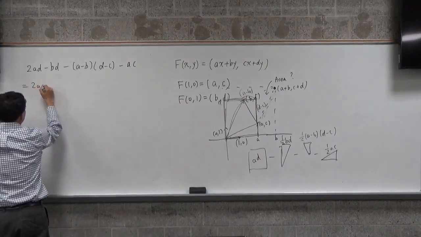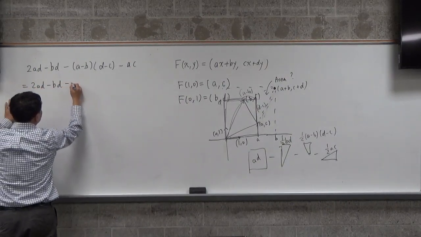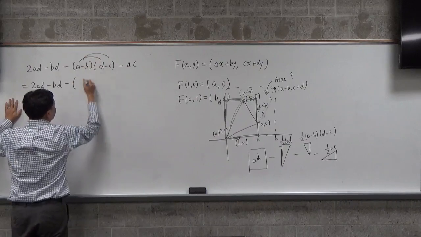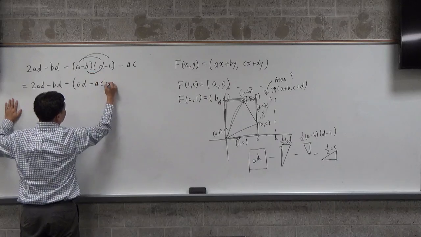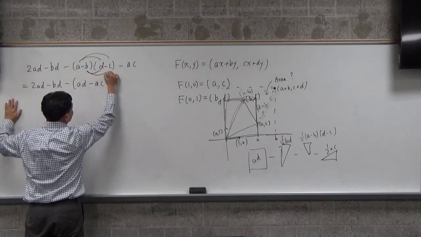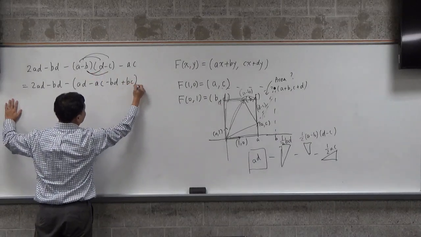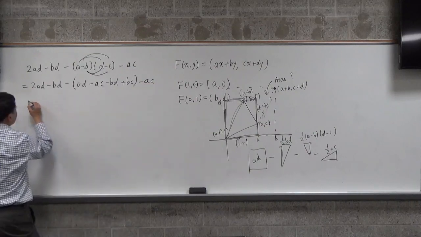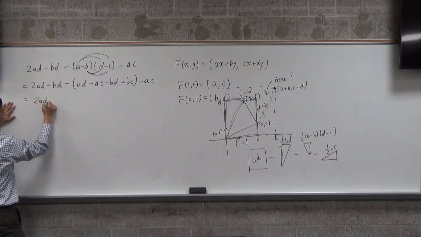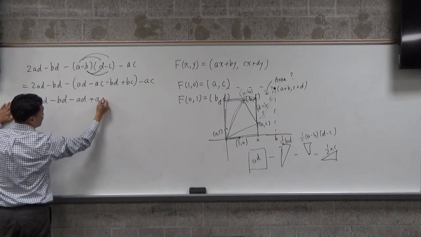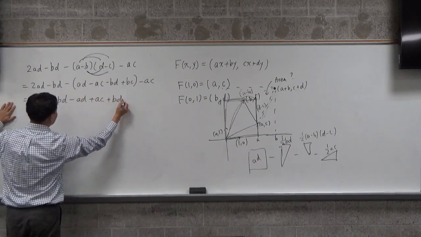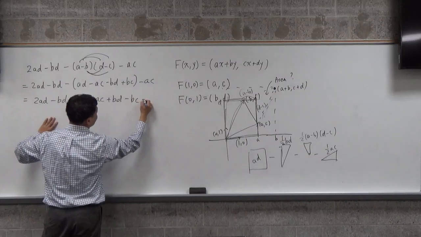That is 2AD minus BD minus, we just have to FOIL, AD minus AC minus BD plus BC, minus AC. That's 2AD minus BD minus AD plus AC plus BD minus BC minus AC.